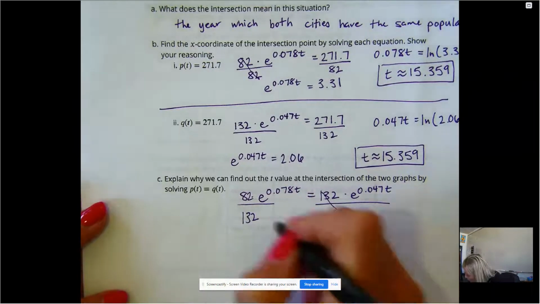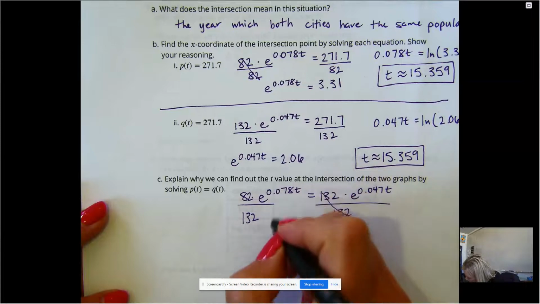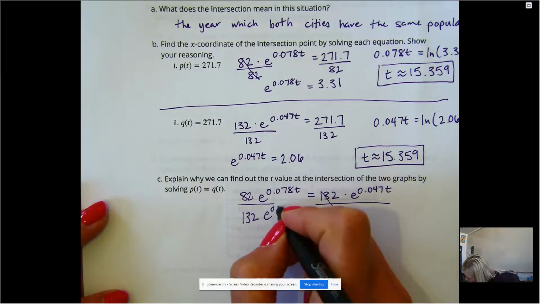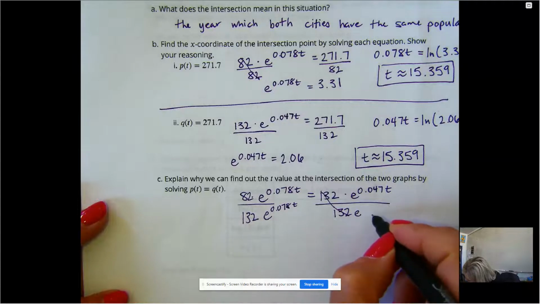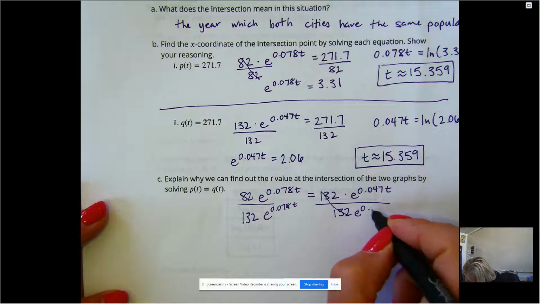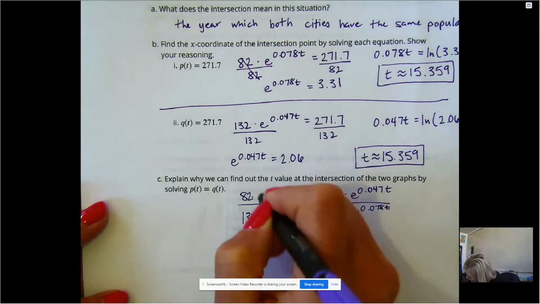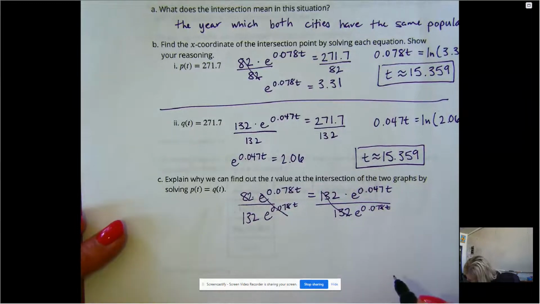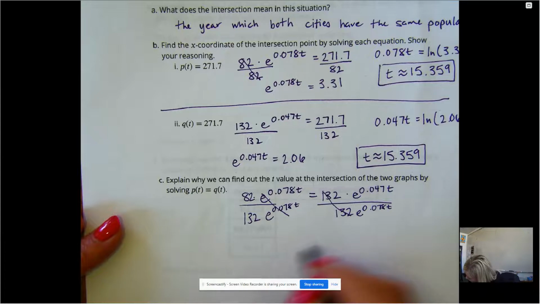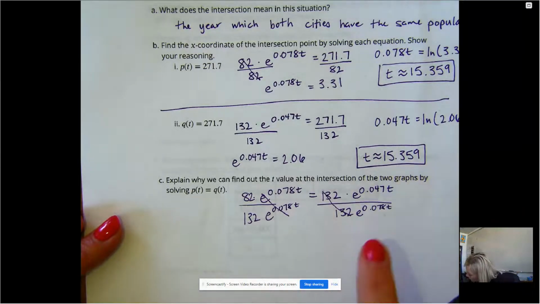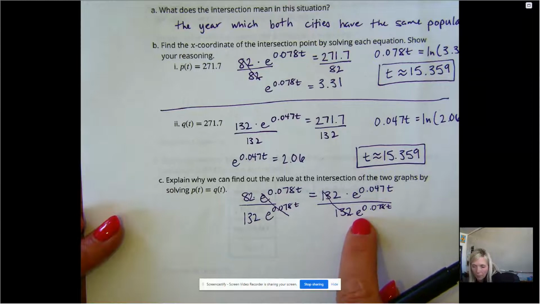And then I would also divide both sides by the e over here. And so what we get is, okay, this is kind of hard to explain, but when you divide powers with the same base, you subtract their exponents, right?